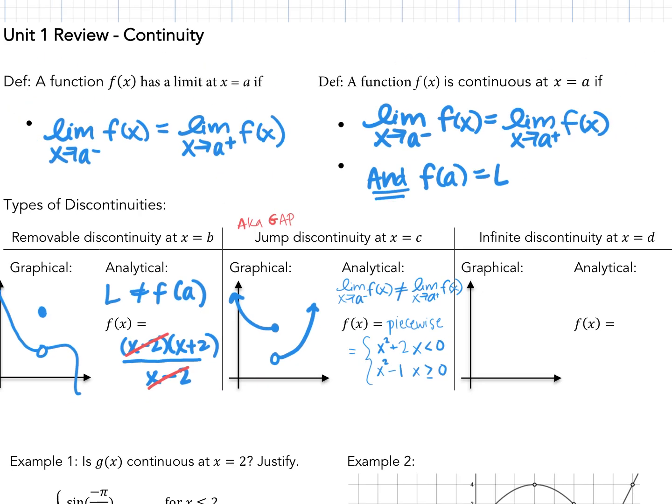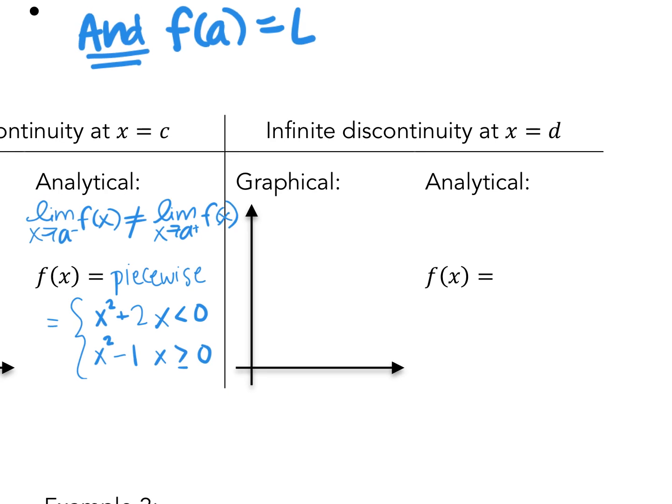The last one is an infinite discontinuity. That would be where you have the existence of an asymptote that forces the sides to infinity. You could have both sides going in the same direction, both going towards infinity, but it's still discontinuous because it will never be joined together.